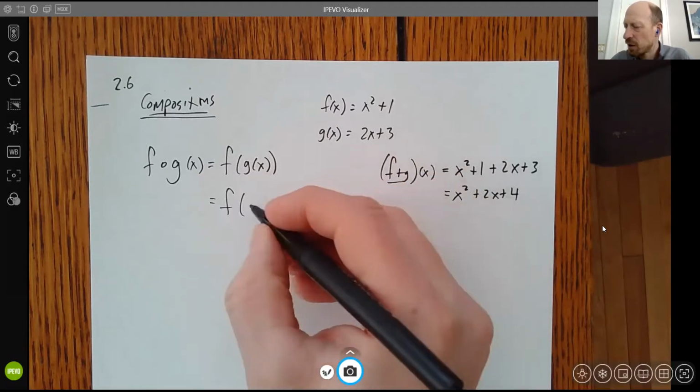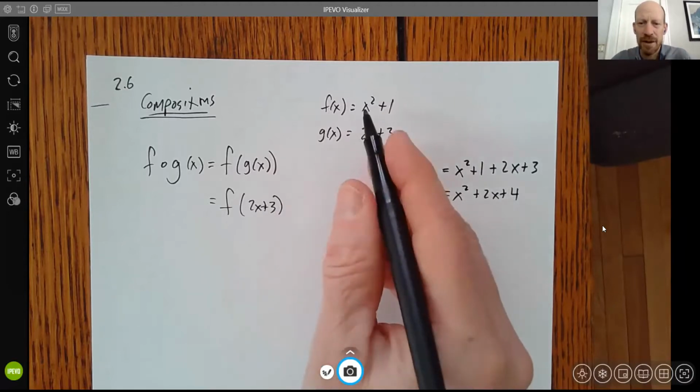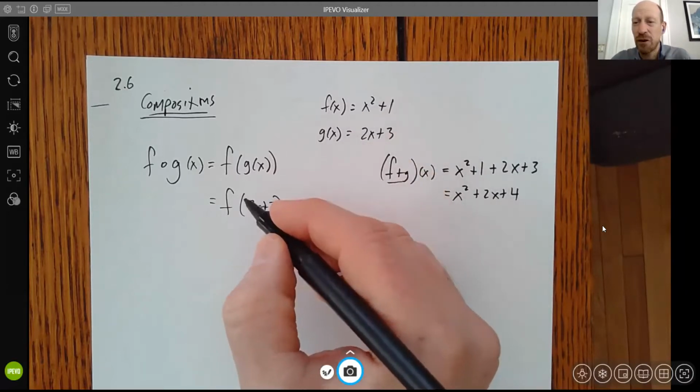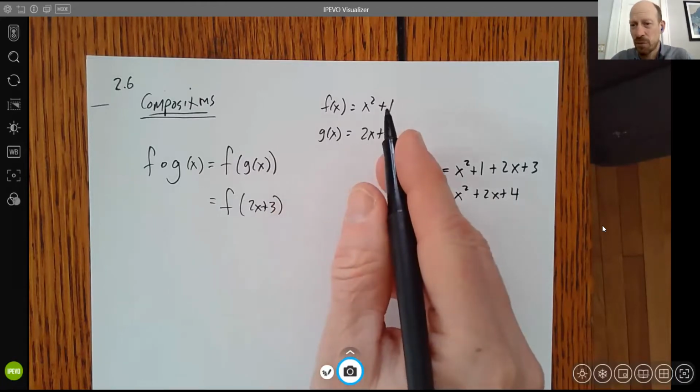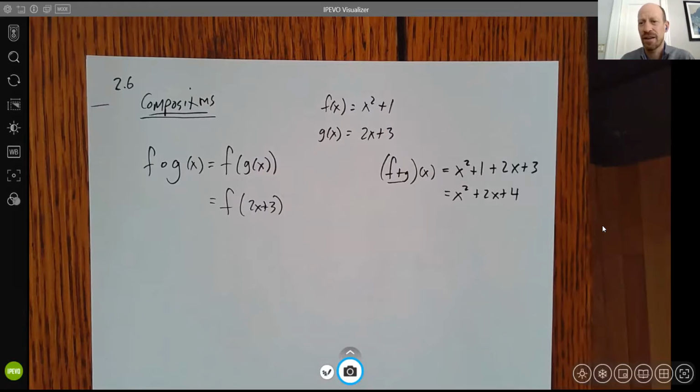And what that does is different than multiplication. g of x is 2x plus 3. I don't multiply that by x squared plus 1. This is my new input to x squared plus 1. So the function, again, is like those little nesting dolls, right? Where you have a small one inside a bigger one. Normally the small one is the x, right?